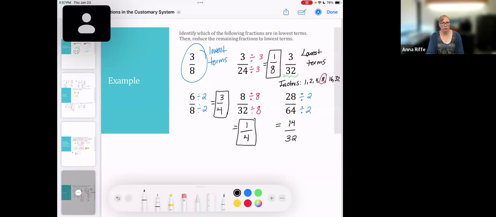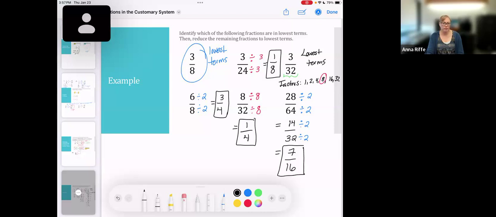Looks like both numbers are even again. So let me divide by 2 again. Divide by 2, divide by 2. That gives me 7 on top and 16 on bottom. The only factors of 7 are 1 and 7. And 7 is not a factor of the denominator 16.